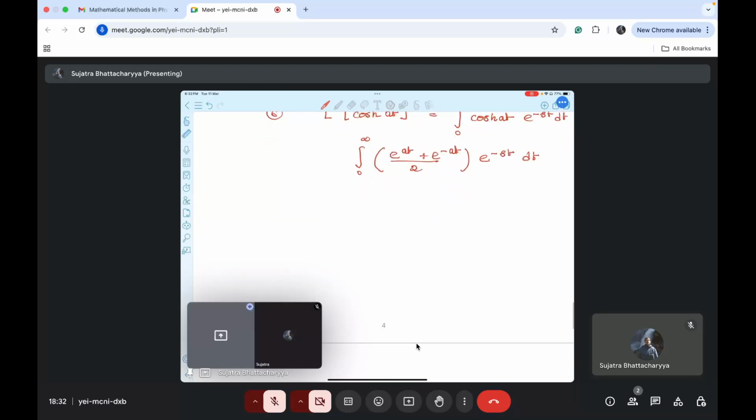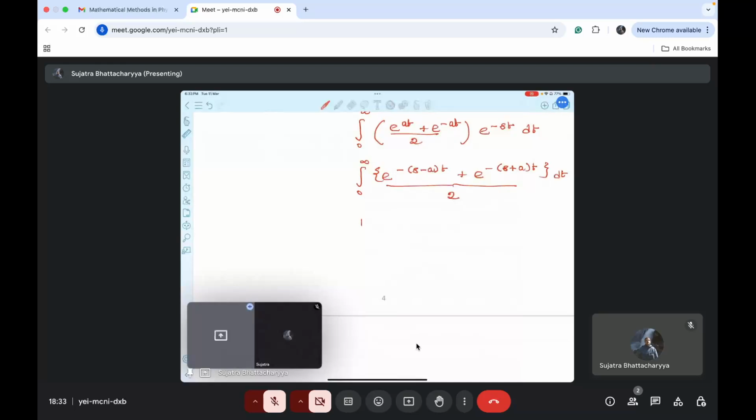All right. So what can we do now? Integral from 0 to infinity of e to the power minus (s minus a)t plus e to the power minus (s plus a)t dt, divided by 2. Now if you do the integral, you get half.